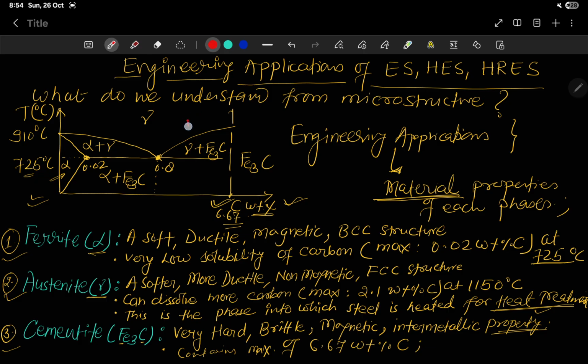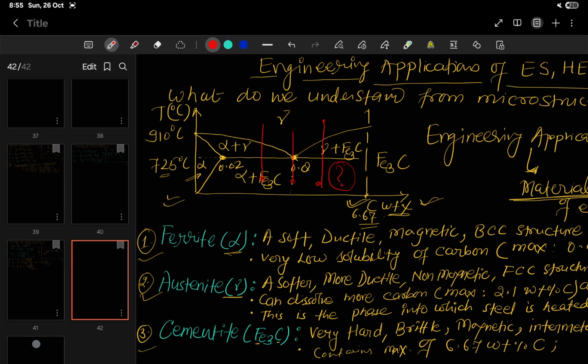Do you want steel present in this region, in this region, that is eutectoid, or steel present in this region? So this is our question: how to select a specific steel for a specific engineering application, right? Now let's explore it more in the next slide.